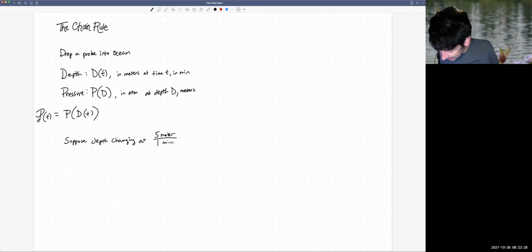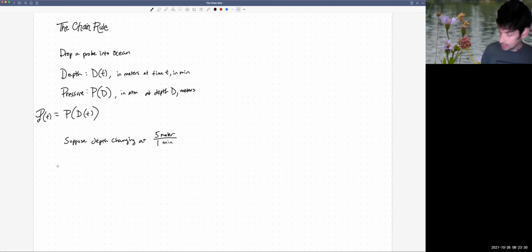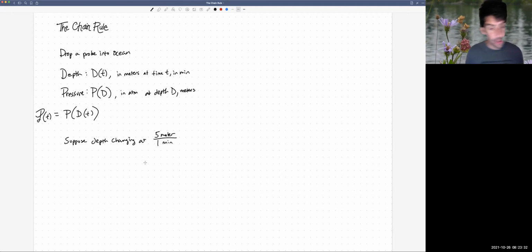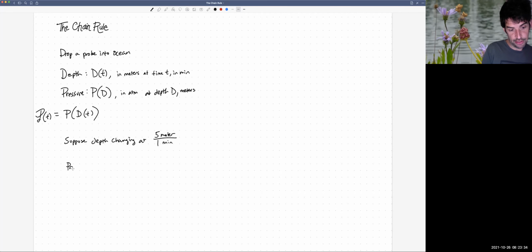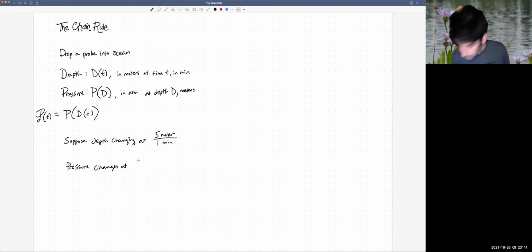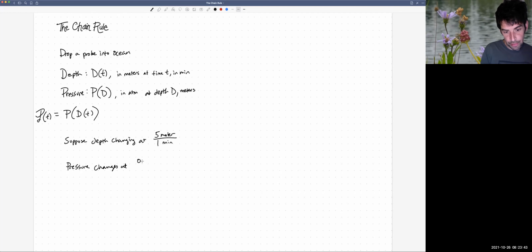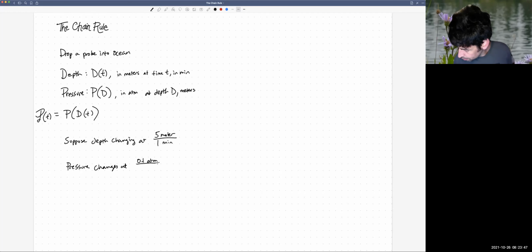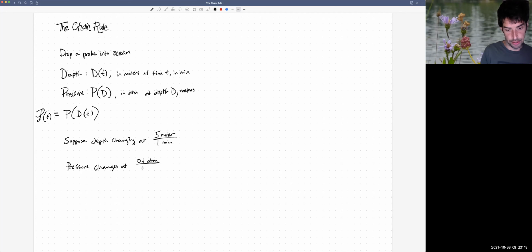And let's suppose at the same time, pressure changes at 0.1 atmospheres for every meter. This is approximately true.